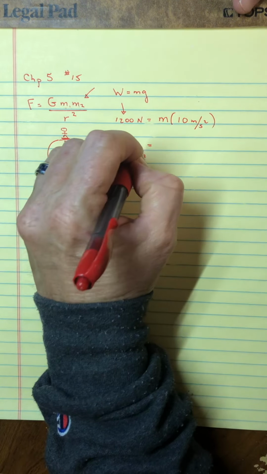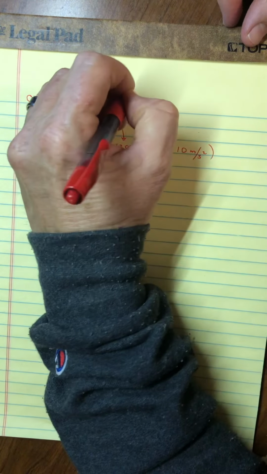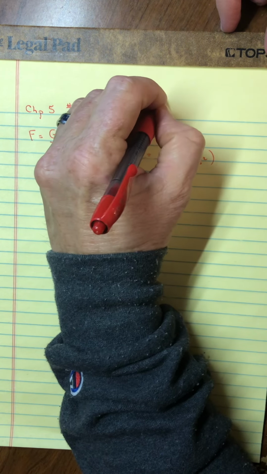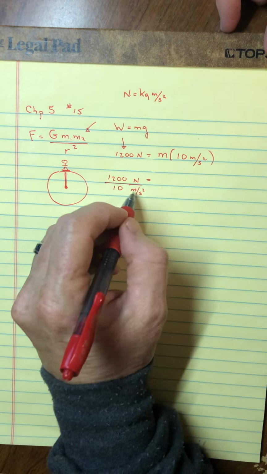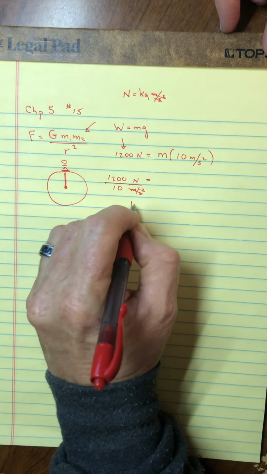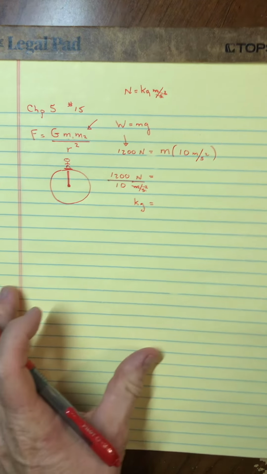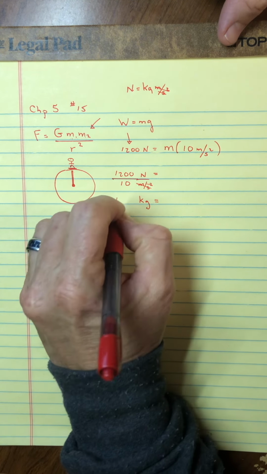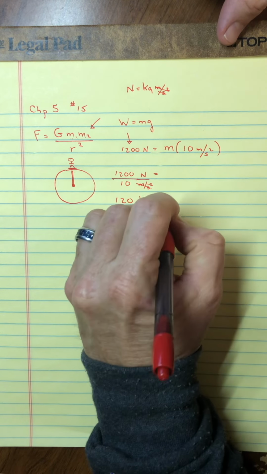As a reminder, a newton is a kilogram times a meter per second squared. So the meter per second squared on the bottom would cancel with those on the top, leaving the appropriate units of kilograms. And then, of course, 1,200 divided by 10 is 120 kilograms.